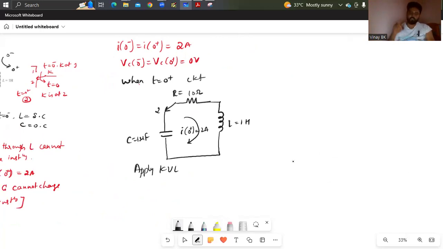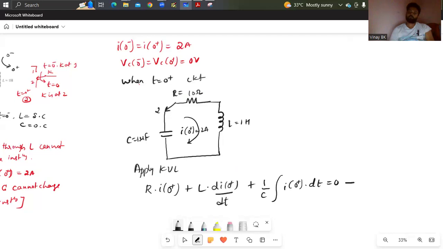There is no voltage here, so that equals 0, so R into the current that flows, that is I of 0 plus, plus the voltage across L, which is L into di of 0 plus divided by dt, plus the voltage drop across C, which is 1 by C into integration of I of 0 plus into dt, equals 0. KVL. Give this as equation number 1.